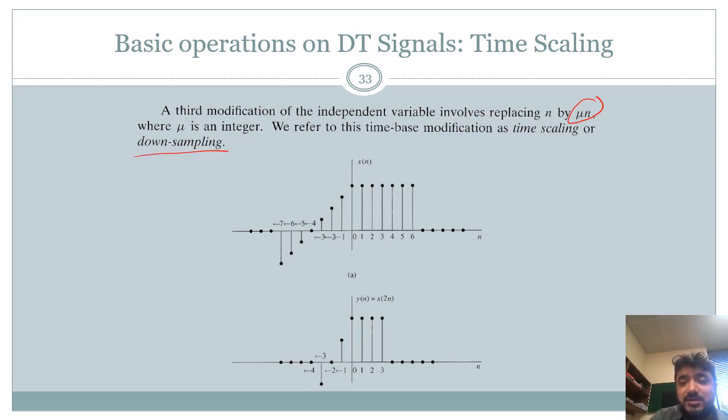So what does that mean? So again, you can make a table, and the table would give you the perfect values, but essentially what you're doing is that here you have x of n, and here you have x of 2n.